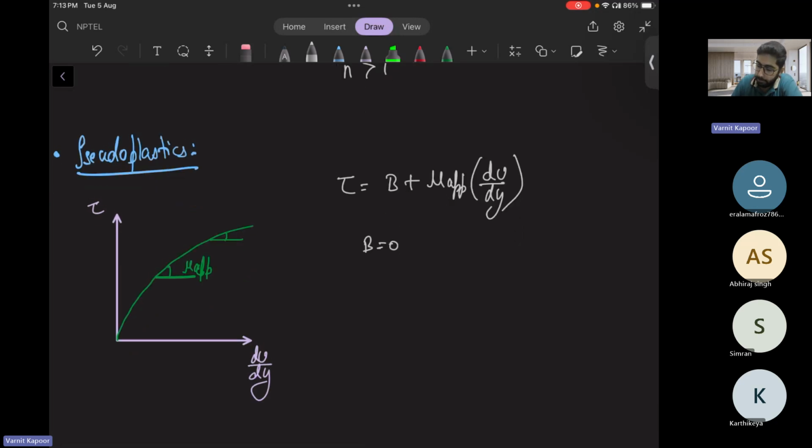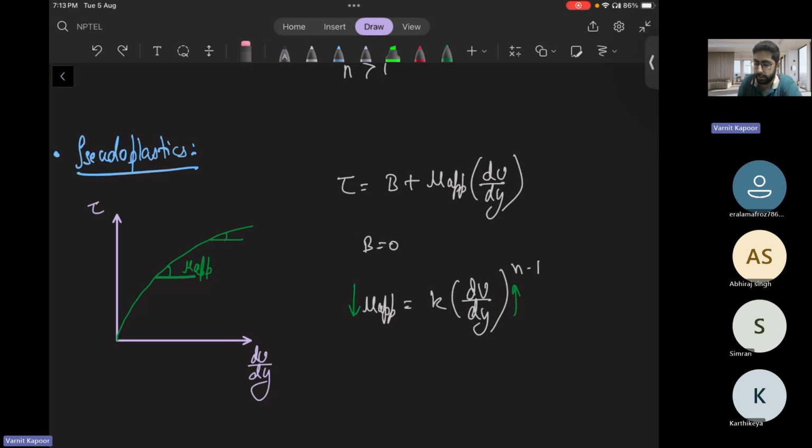So what is mu apparent? K times du by dy to the power of n minus 1. So for mu apparent to decrease with increase in du by dy, should n minus 1 be greater or less than 0?